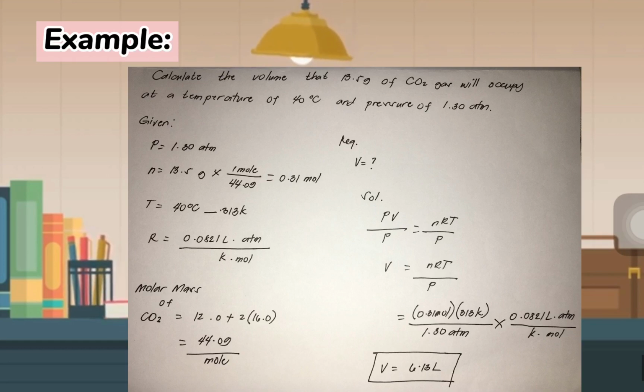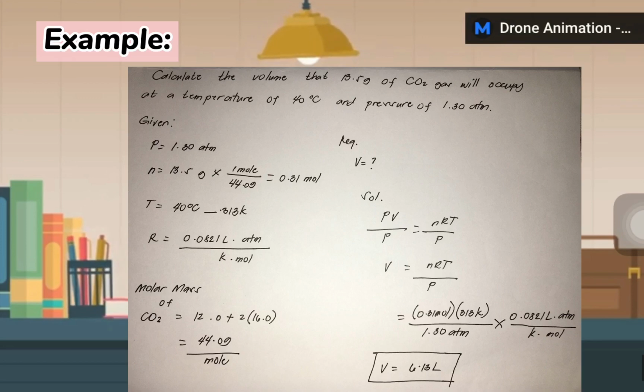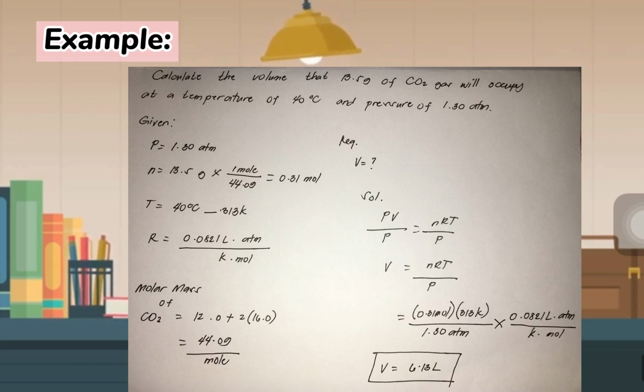For our example number 2, we have: calculate the volume that 13.5 grams of carbon dioxide gas will occupy at a temperature of 40 degrees Celsius and pressure of 1.30 atm. In this case, we're still finding the volume. So our given will be pressure is equal to 1.30 atm.